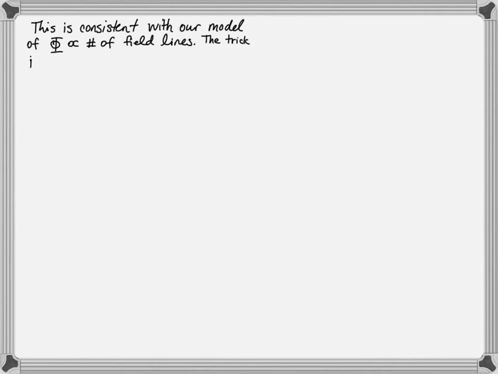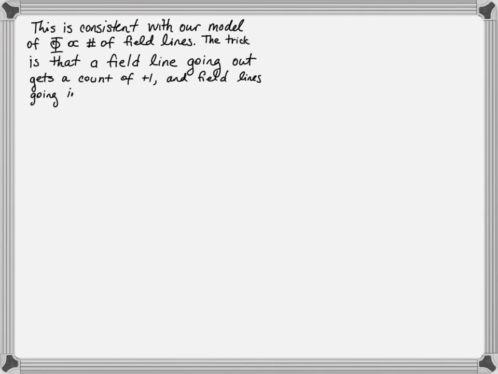That matches with our electric field line model, although you do have to do a special thing where it turns out it matters that the field lines go in one side and out the other side. So the convention is that a field line going into a surface gets a minus sign, a -1 count, and a field line going out of a surface gets a +1 count.